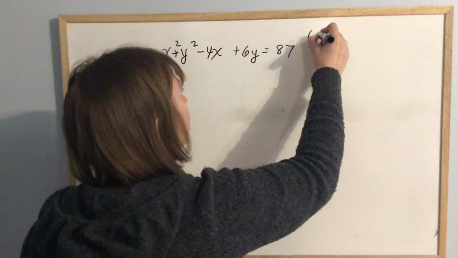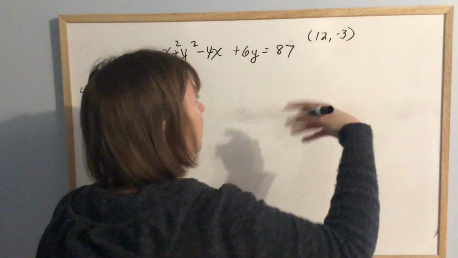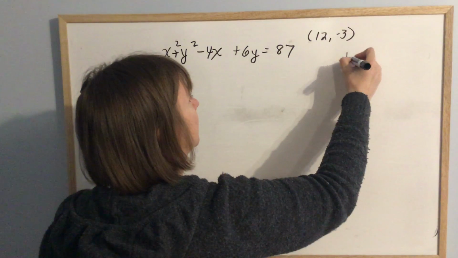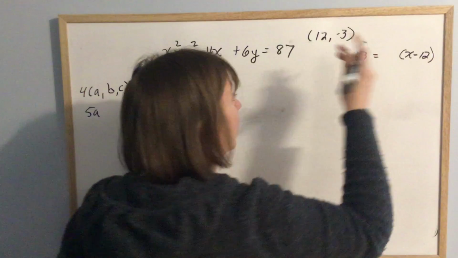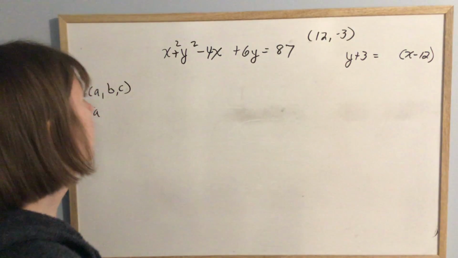And the point is 12 and negative 3. So again, finding the equation of the tangent, y plus 3 and x minus 12. What I'm missing is the slope.